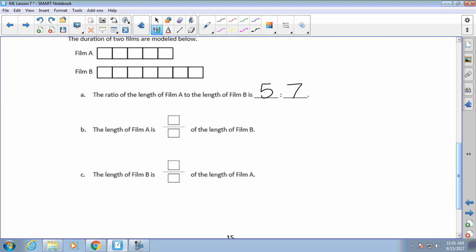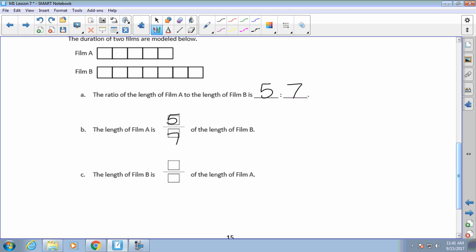So the length of film A is blank the length of film B. So how would I write that as a fraction in there? Brianna? You write 5/7. Nice job. So film A is 5/7 the length of film B. Now, the question that I was going to ask you is 5/7, is that number greater or less than 1?